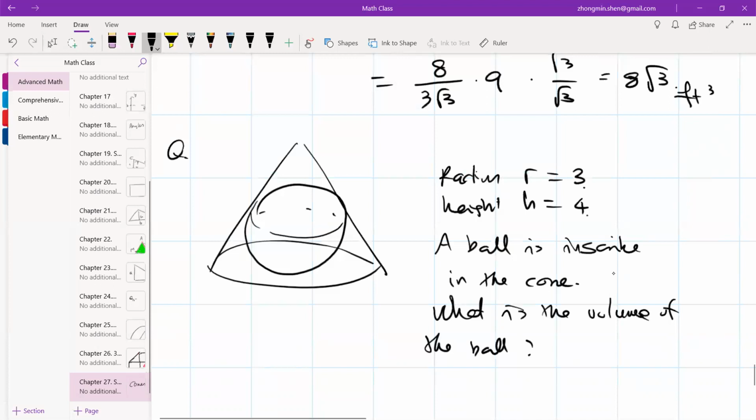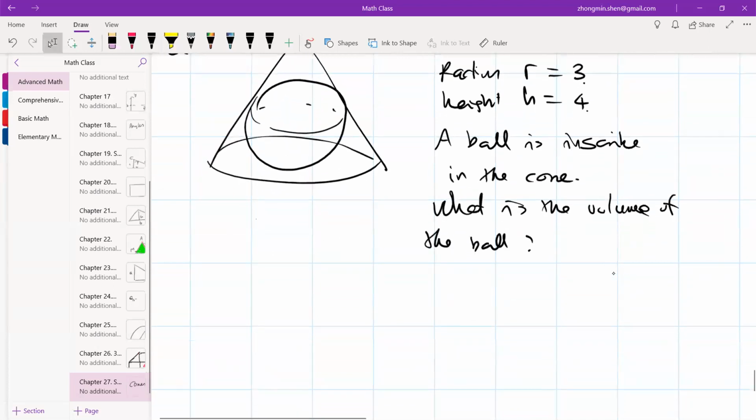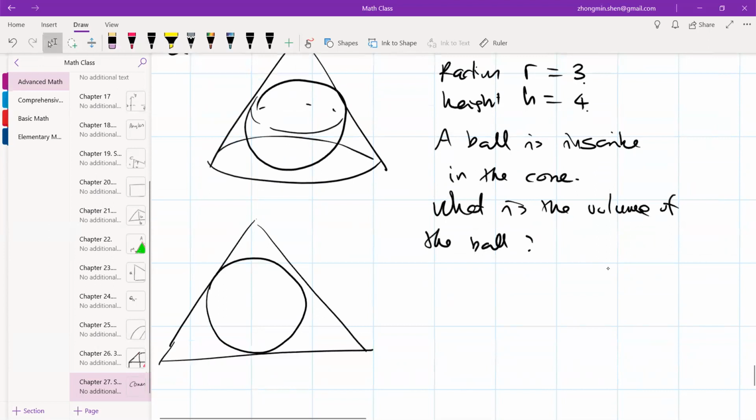So my suggestion is you cut it in half. You open it, and what you get is just a triangle, the cross section, and the circle is inscribed in this triangle. That's what you see. Can you find the radius of the circle, which is the radius of the ball?